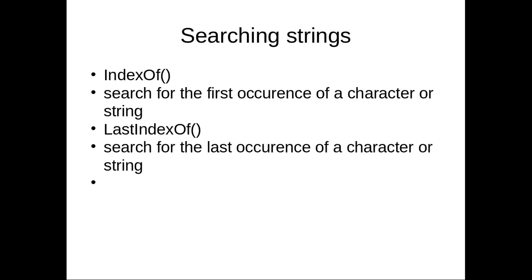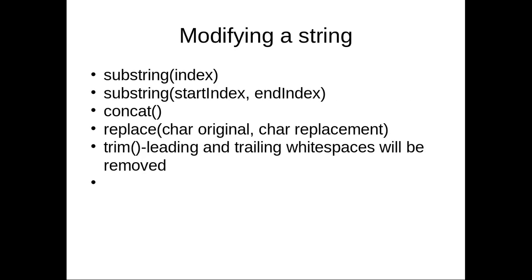Okay. Searching strings. Then indexOf: search for the first occurrence of a character or string. That means s1.indexOf within brackets some particular string is given, then it will return the integer which is pointing to the first occurrence of a character or a string. lastIndexOf means search for the last occurrence of a character or string.